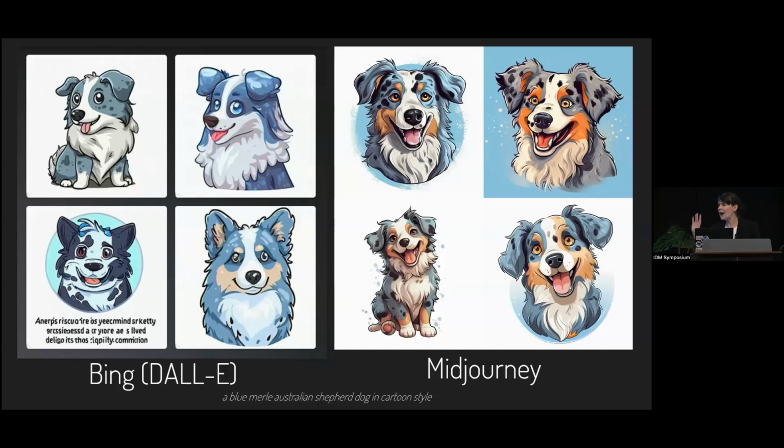So I asked DALL-E to give me a blue merle Australian shepherd dog in cartoon style. That's what you get out of DALL-E. MidJourney, just a little bit more snazzy, I think. And I don't know if any of you played with the original DALL-E way back when. It's not great.